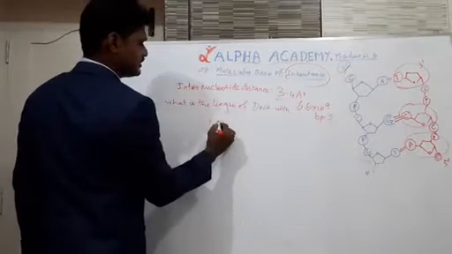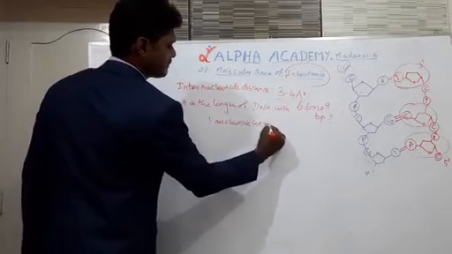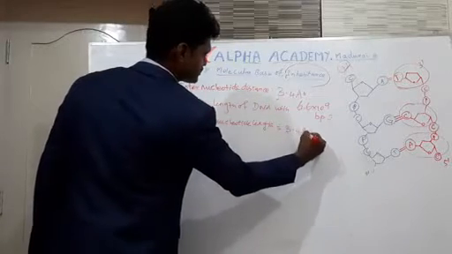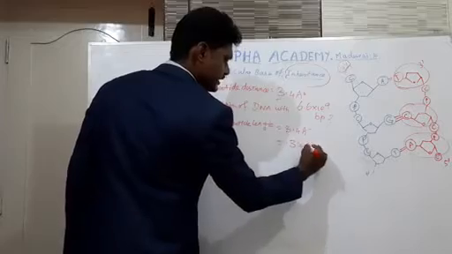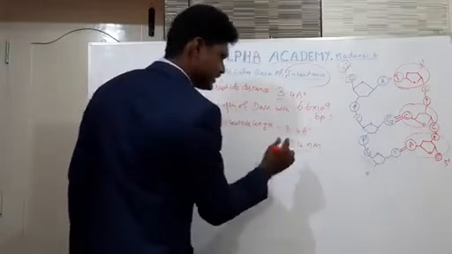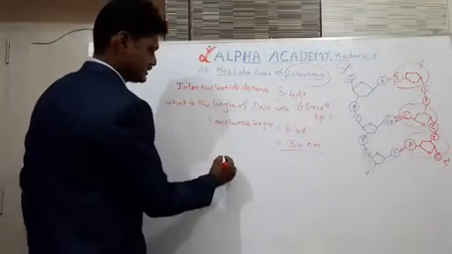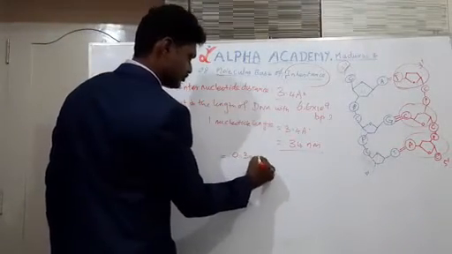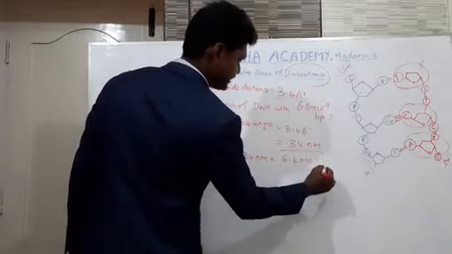So one nucleotide distance, one nucleotide length, is 3.4 Armstrong. We can convert this into nanometer, 0.34 nanometer. Right. So 0.34 nanometer into 6.6 into 10 to the power of 9.